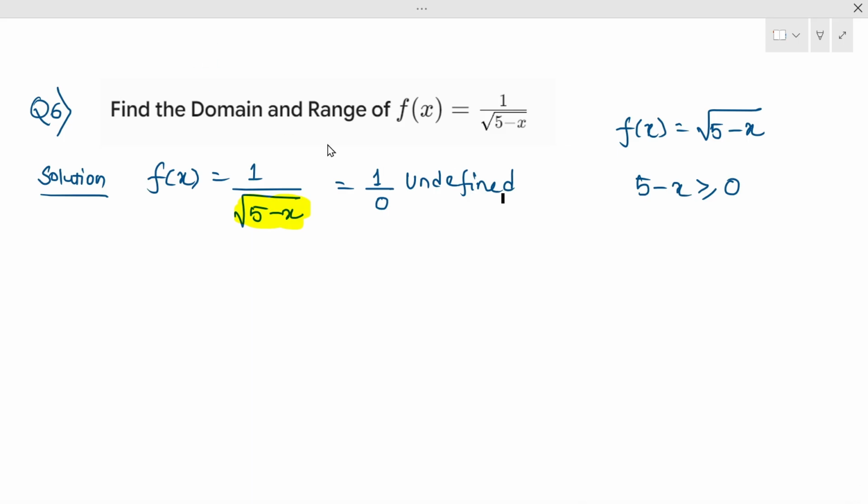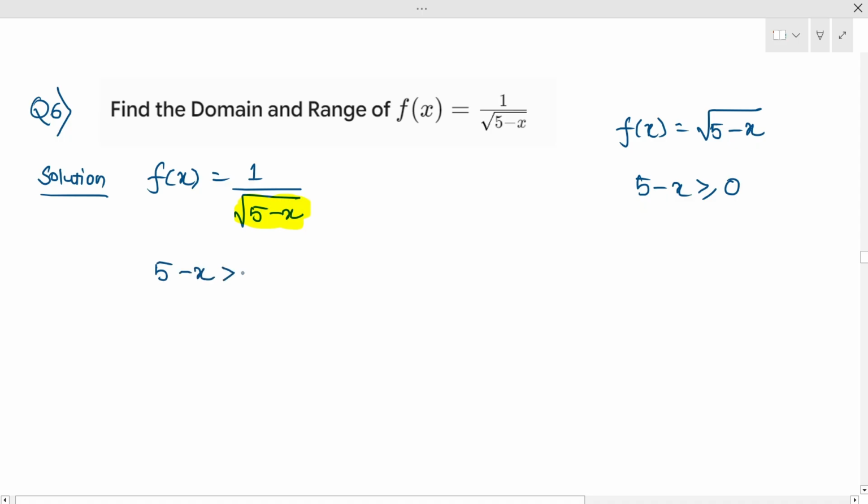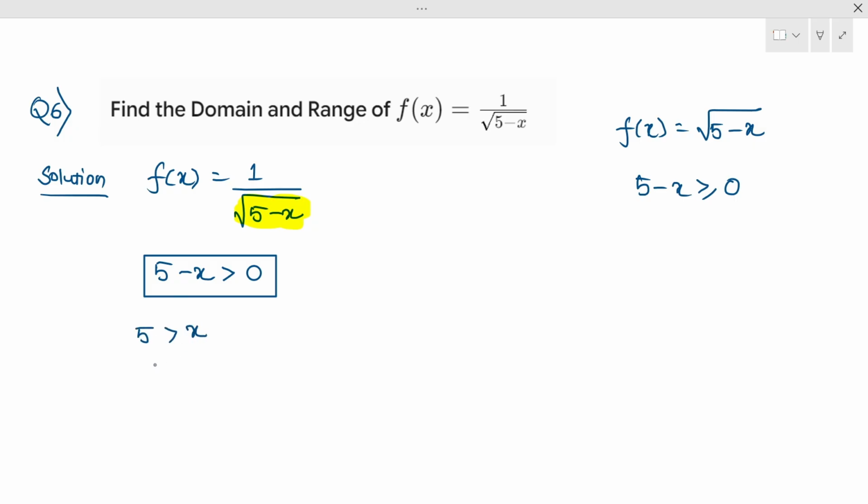So now what should we do? Since it is a square root function, it should be greater than or equal to, but I cannot take equal to 0. So I have to take this condition: 5 minus x should be positive. That's it, right? If 5 minus x is positive, if we transpose, 5 will be greater than x, or x will be less than 5.